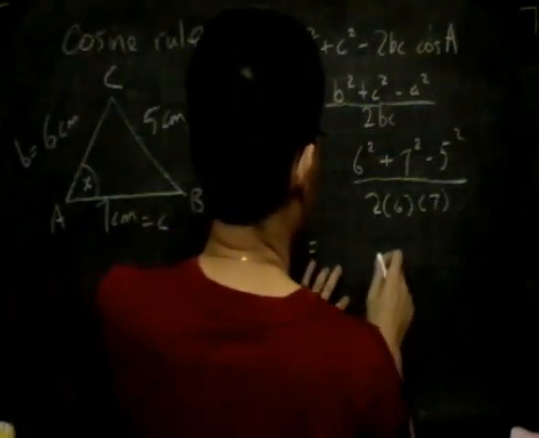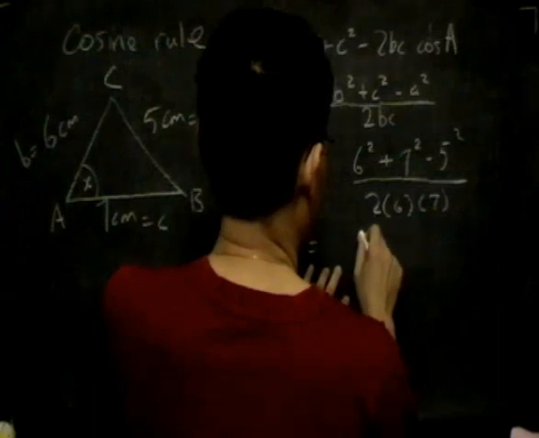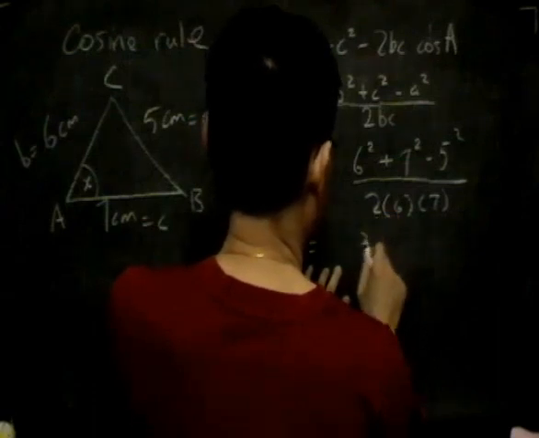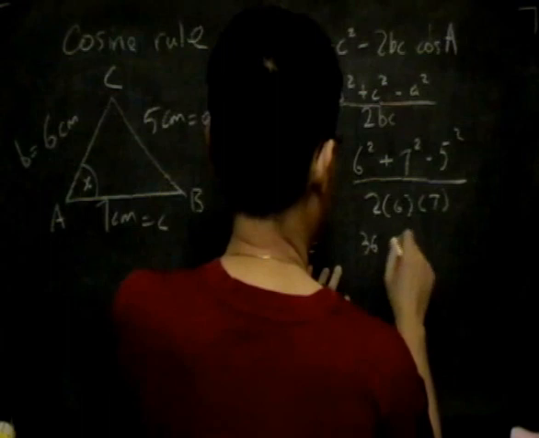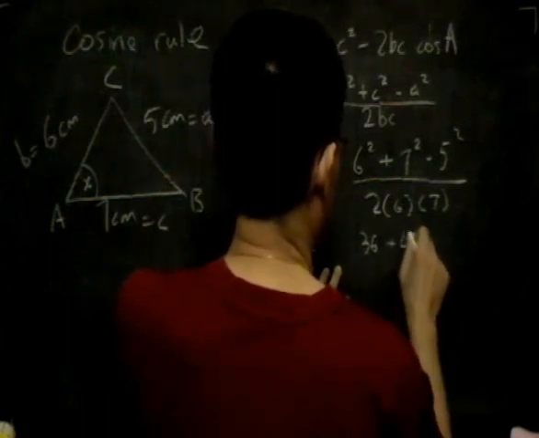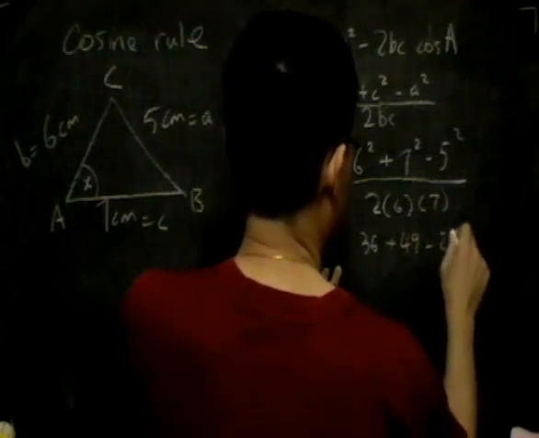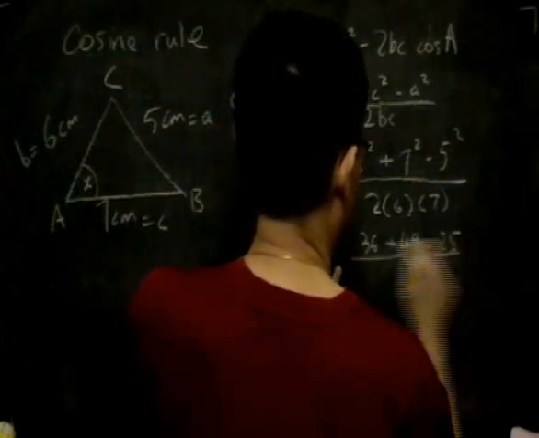Let me just do a quick calculation before using the calculator. 6 squared is 36. 7 squared, 49. 5 squared, 25.